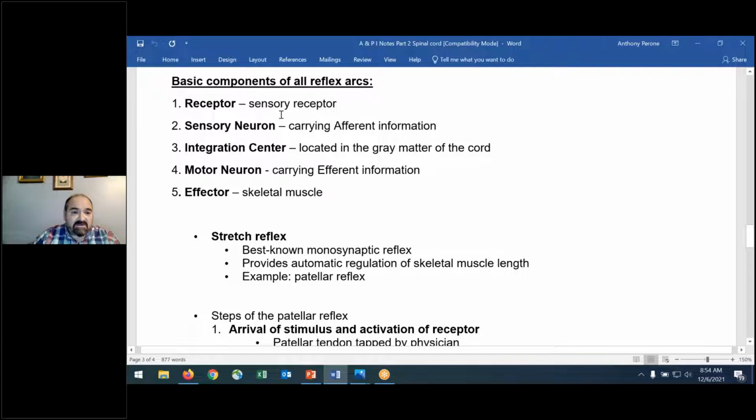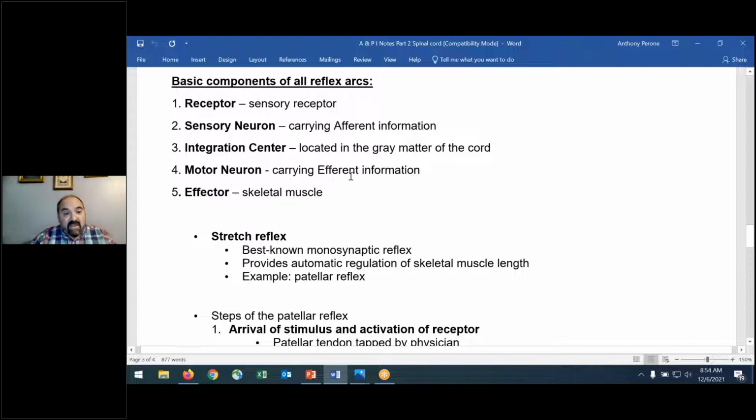That sensory receptor will send information to the central nervous system via the sensory neuron. In the central nervous system, there will be an integration of this information. In turn, there will be a motor neuron that will carry information to the effector, right? In particular, the skeletal muscle we're talking about here.